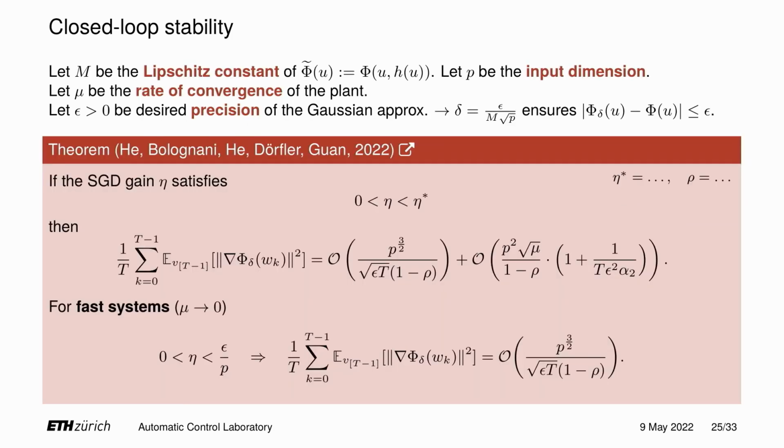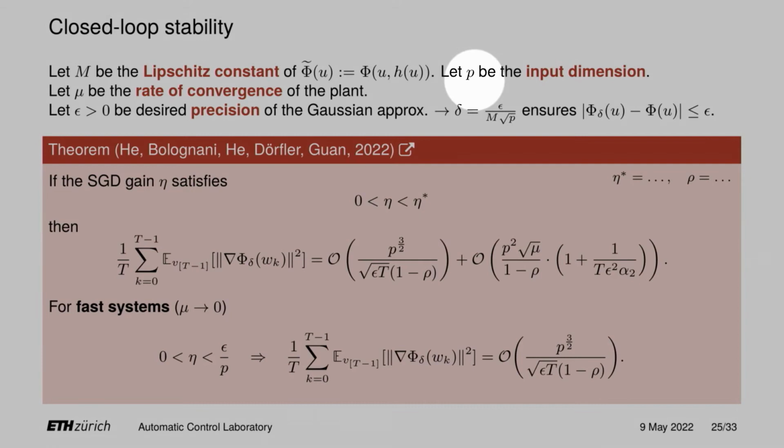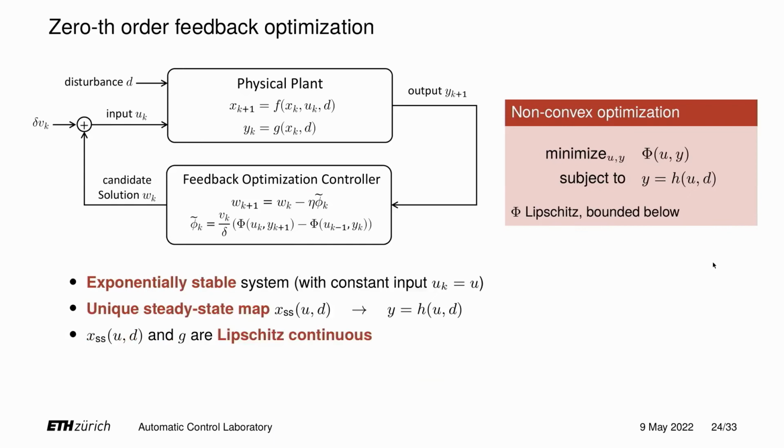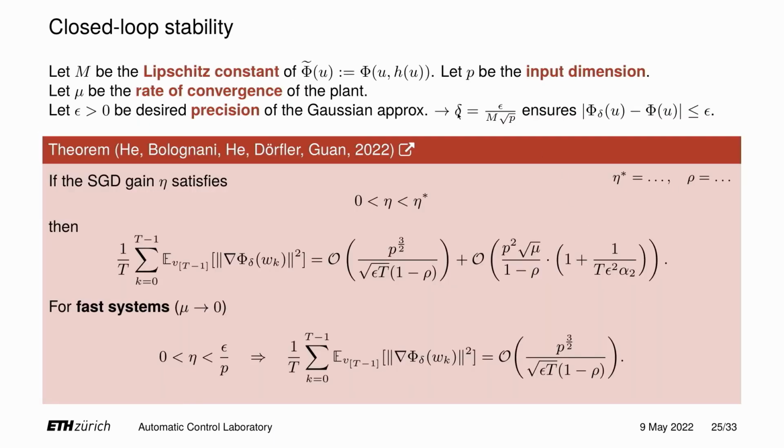Now, what you can show is that you can do this closed-loop stability analysis for this method as well. And here, there's no need to parse this amount of math in this slide, but I will point to a couple of things. Maybe what's important is that if p is the input dimension, and mu is the rate of convergence of the plant, then you're typically also given epsilon. Epsilon is the precision of that Gaussian approximation, and this dictates the size of the perturbation signal. That's not part of the result.